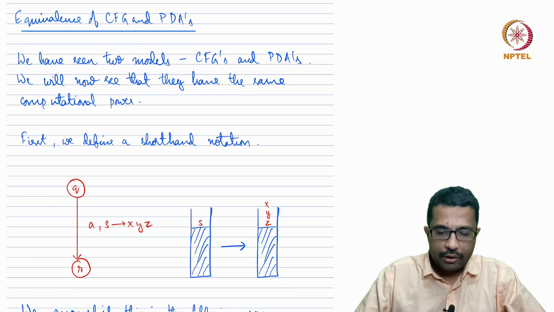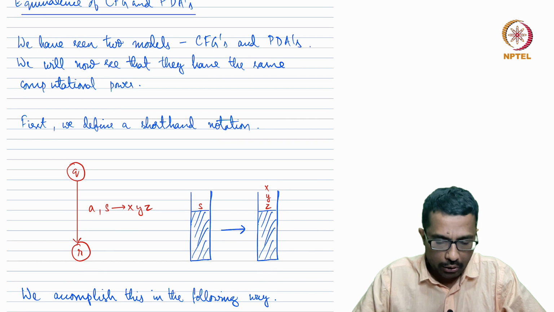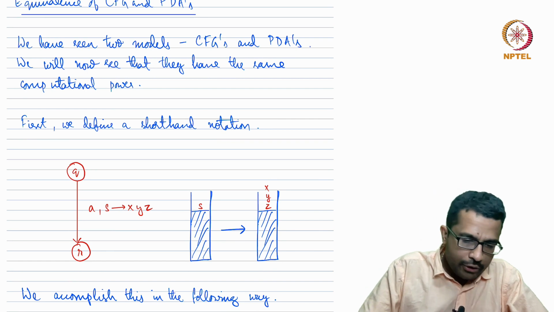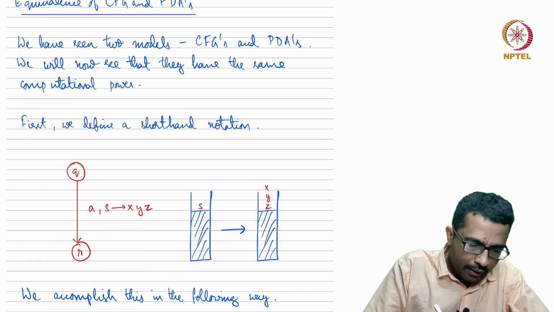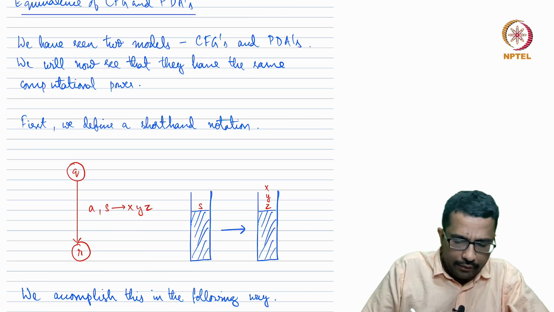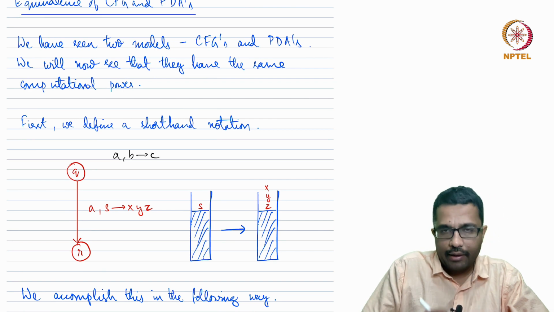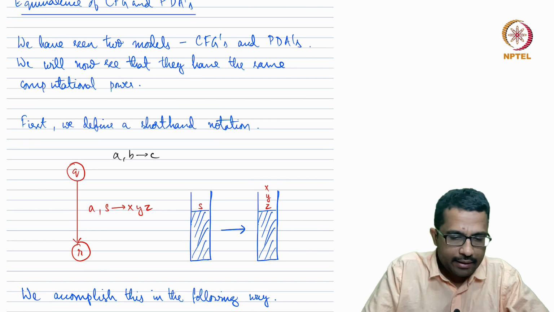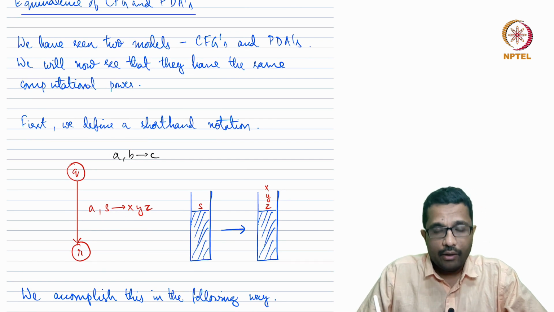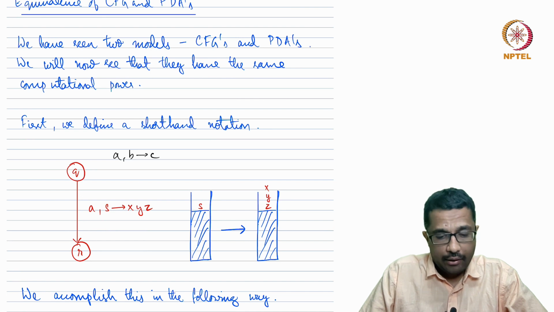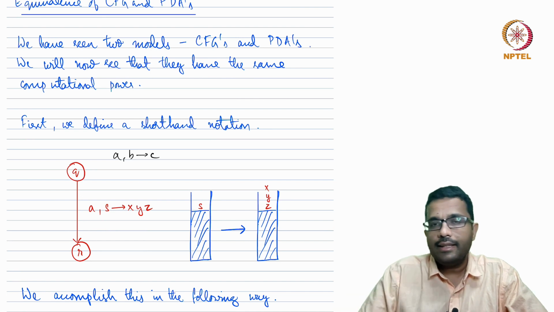So before we go to the proof of the equivalence, we will briefly define a small shorthand notation. So far our notation was something like this: A comma B arrow C when doing the transition between two states implied that you read A from the input, you read B from the stack, meaning you pop that from the stack, and you write C onto the stack.